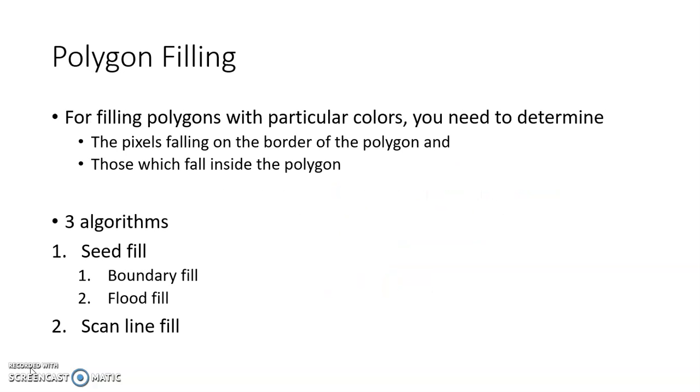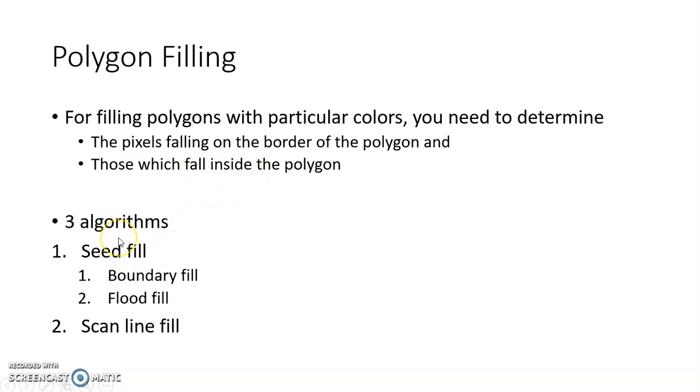For the polygon filling with particular color, we have to determine the pixels falling on the border of the polygon and those pixels which fall inside the polygon, so that we can fill the pixels inside the polygon with a specified color.